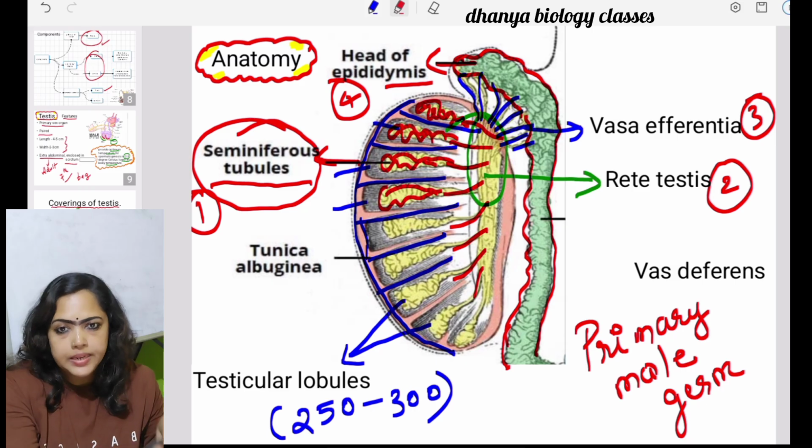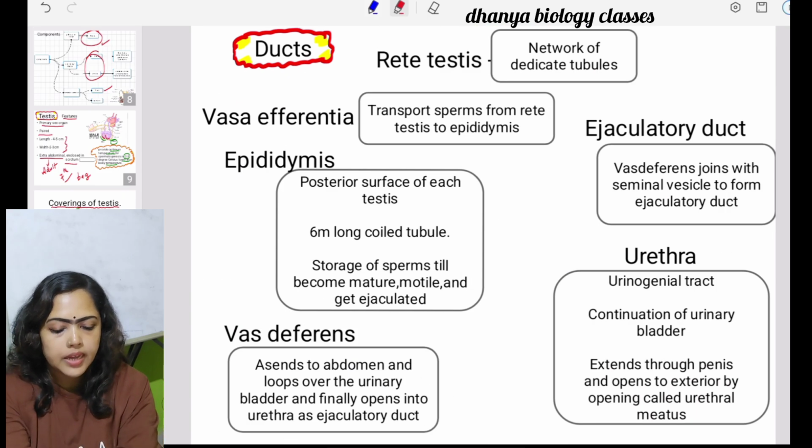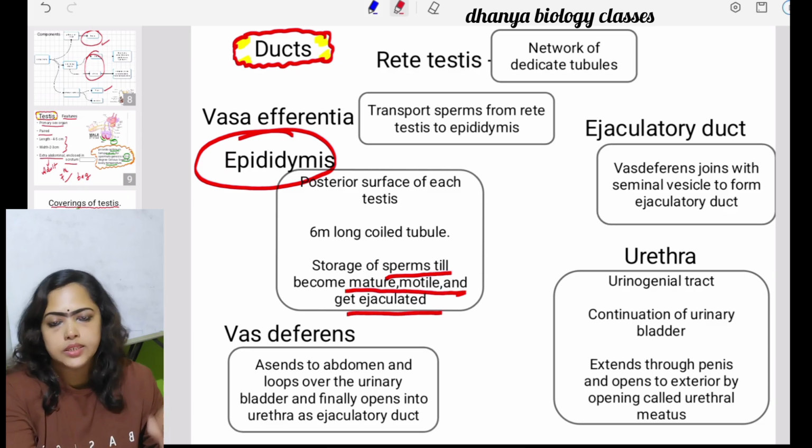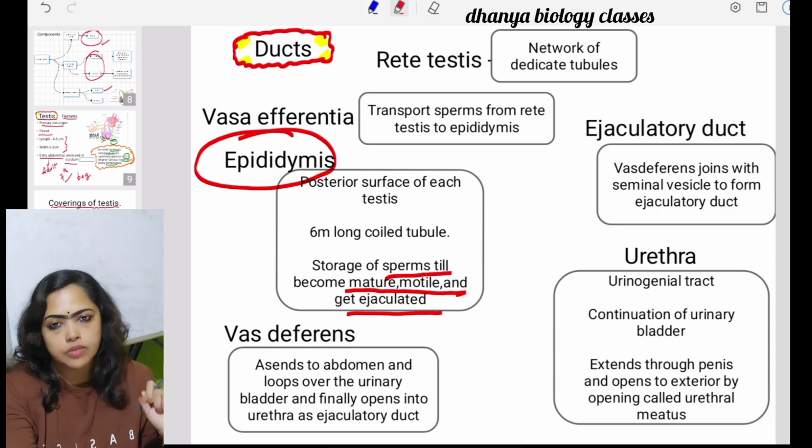So the function of the epididymis is storage of sperms till they become mature, motile and ejaculated. Okay, so this is the role played by the epididymis. Storage of sperms till they become mature, motile and what? Get ejaculated. While the seminiferous tubules are involved in the production of sperms.